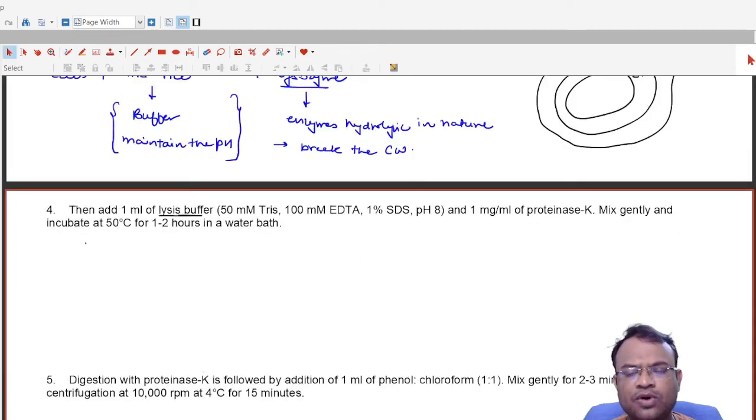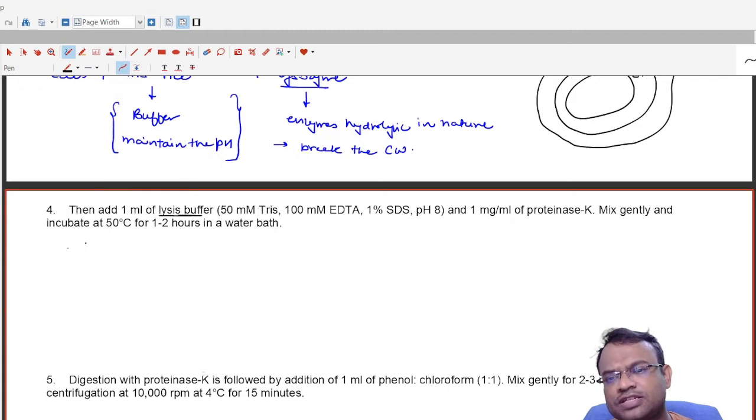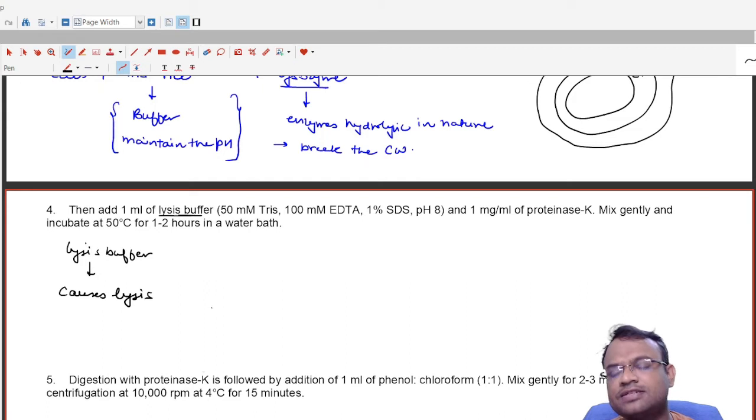Now coming to the fourth point. The fourth point states that you have to add the lysis buffer. Now what is the function of the lysis buffer? Lysis buffer, as the name suggests, causes lysis. Lysis means breakdown of the cell or disruption of the cell.